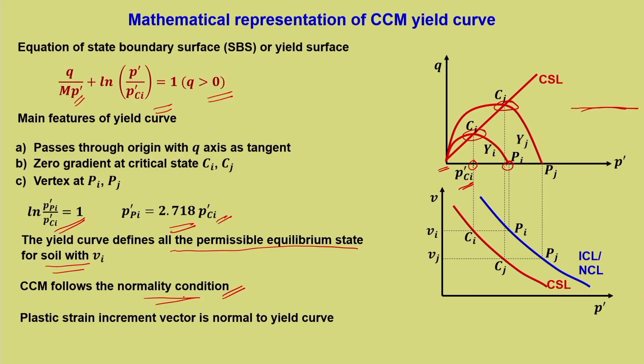So, what is meant by this? It means that the plastic strain incremental vector is normal to the yield curve. In the last lecture also we have seen that it is perpendicular. Now, if I start discussing this, our designated portions are going to suffer. So, I cannot get into the details of plastic behavior.